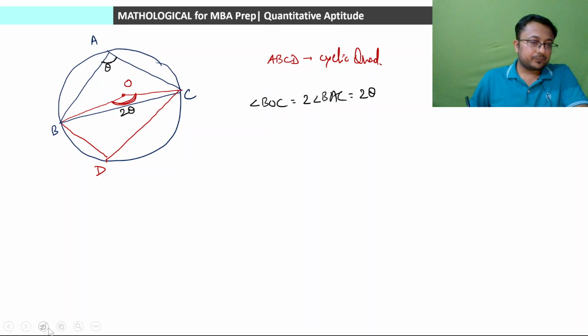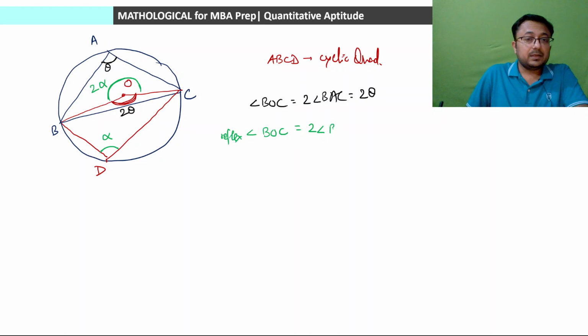Similarly, if angle BDC is alpha, then the reflex angle BOC will be 2 alpha, double that of alpha. So reflex angle BOC will be twice that of angle BDC.